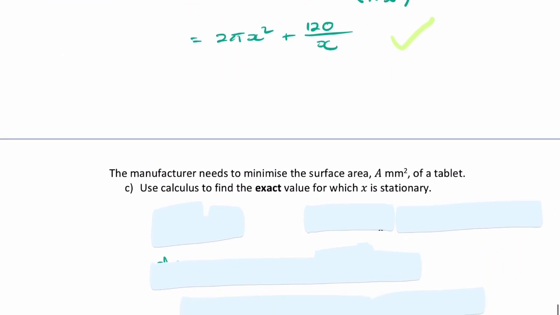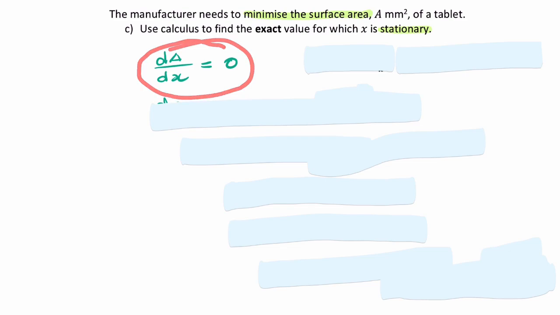The question then goes on to say that we're trying to minimize the surface area. So that means we want the minimum surface area. And they also like to use this word, stationary point. So they want the surface area to be minimum. That means that the first derivative of the area needs to be 0.